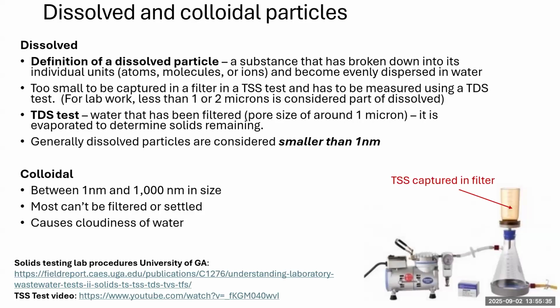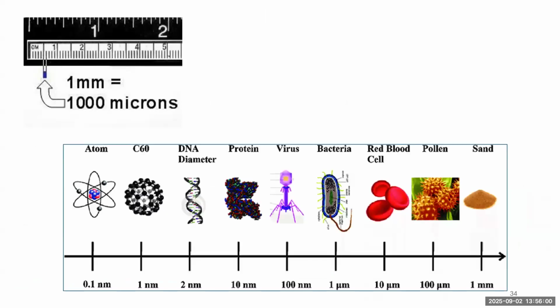You would end up with a concentration in milligrams of solids per liter of water. Now, the filtered water here would be used to determine the total dissolved solids, because all the solids that can be captured are removed. Then you'd have to dry that and weigh the remaining solids. So just a little bit of insight when we're talking about solids.